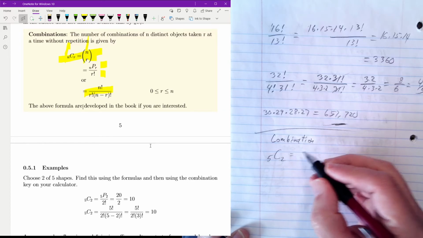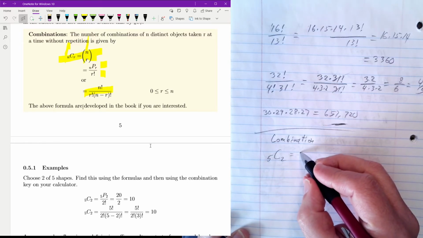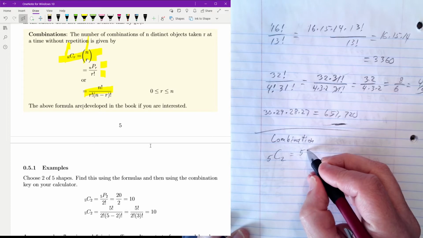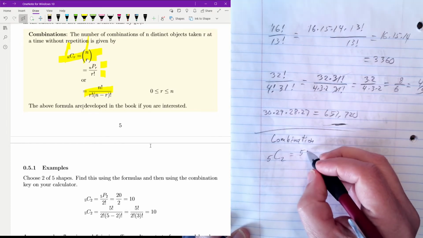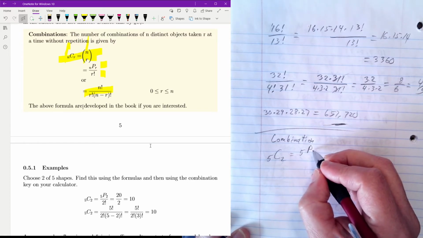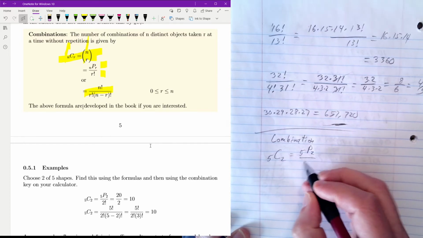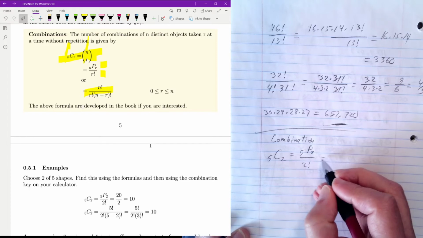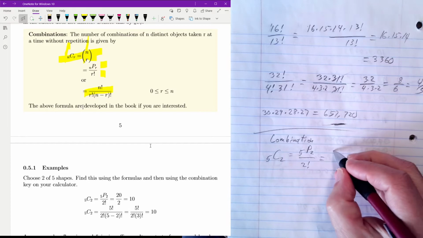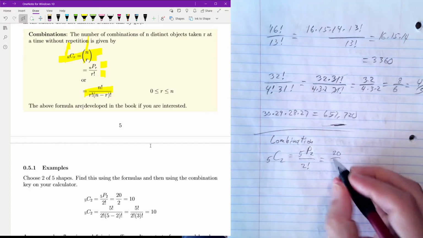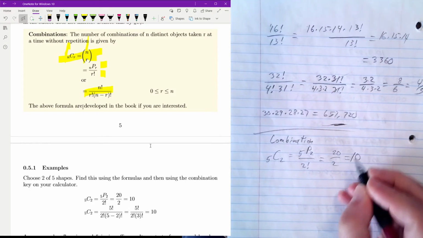You could always work it out with the formula: 5 permute 2 divided by 2 factorial. 5 permute 2 is 20, divided by 2 factorial, which is 2, it equals 10.